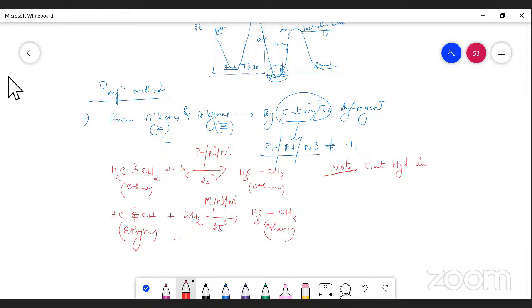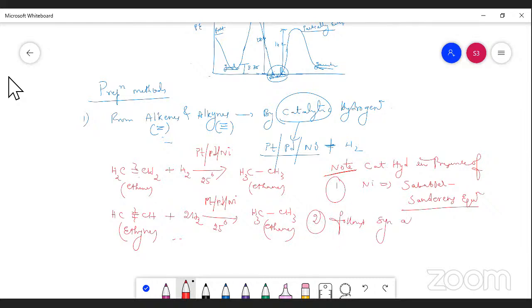And one more point. The addition of hydrogen to alkenes follows syn addition. So 2 types of additions are there, syn and anti. Syn means if you add the hydrogens on the same side of the double bond, that is called syn addition.